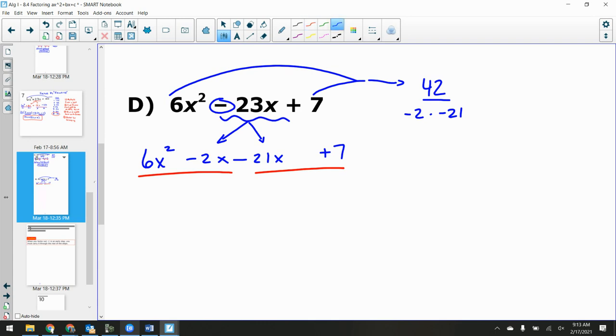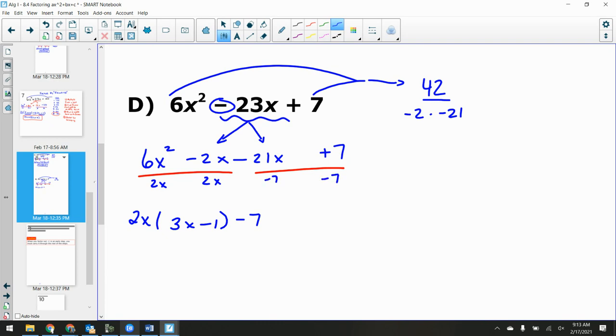Okay, so this means I've got a 2x as my GCF to get a 3x minus 1. Now what am I going to pull out as my GCF of my second two terms? Negative 7. I'm going to get a 3 in the end. I know what you're saying. Negative 7.